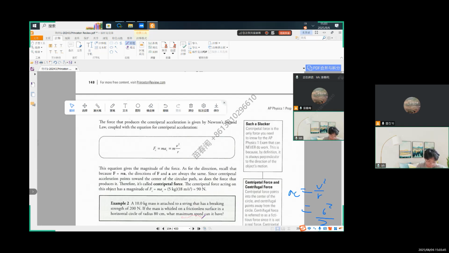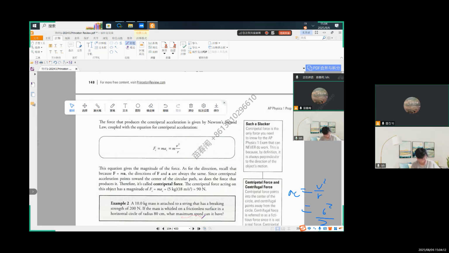So AC equals 20. That's the max. So 20 equals V squared over R. R is 80 centimeters, 0.8 meters. So what's the velocity, or V maximum? Wait, hold on.